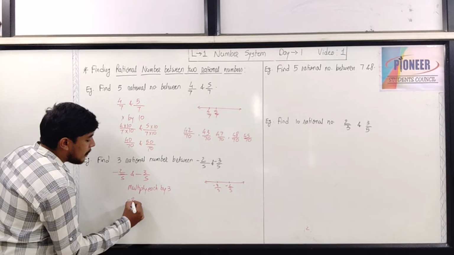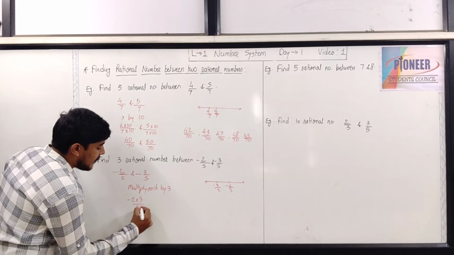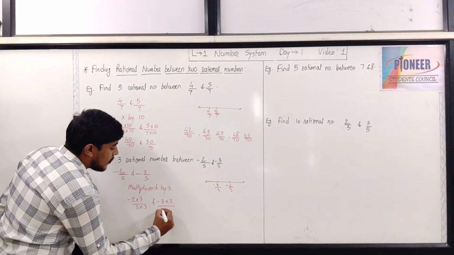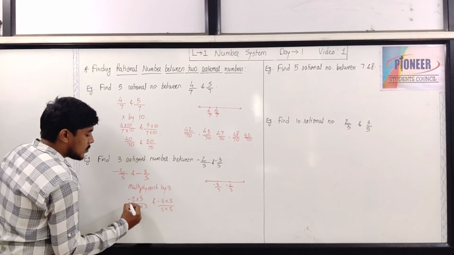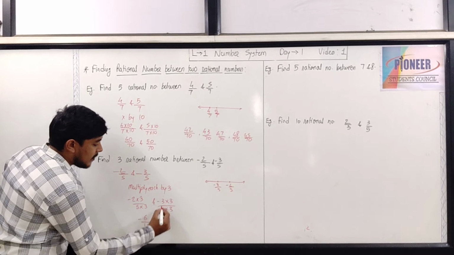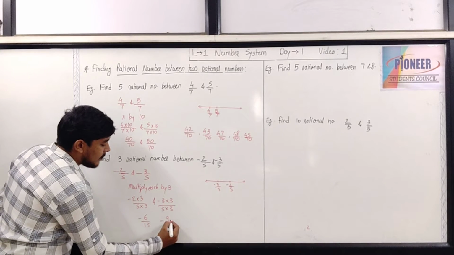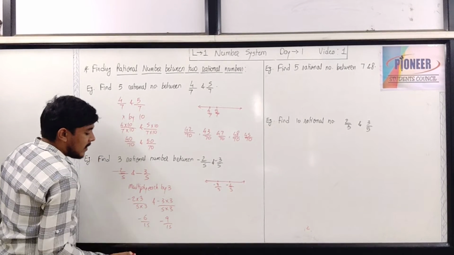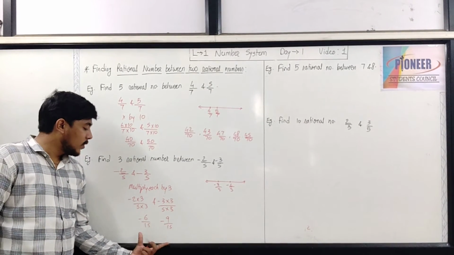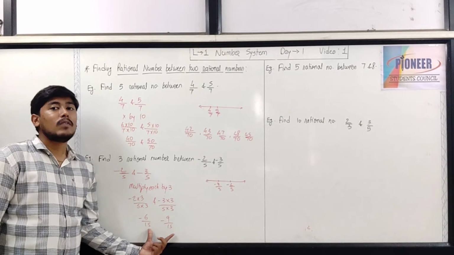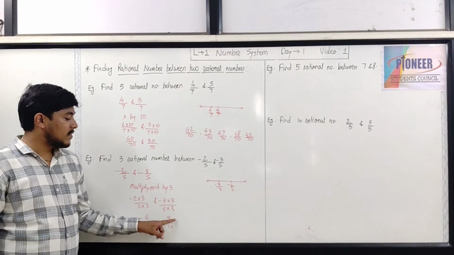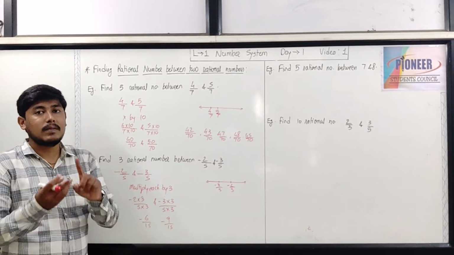So it will be minus 2 into 3 upon 5 into 3 and minus 3 into 3 upon 5 into 3. So minus 2 3s are minus 6 upon 15, minus 3 3s are minus 9 upon 15. Now between minus 6 upon 15 and minus 9 upon 15, the denominators are the same. Now we can find the remaining numbers. How many numbers are between minus 6 upon 15 and minus 9 upon 15?